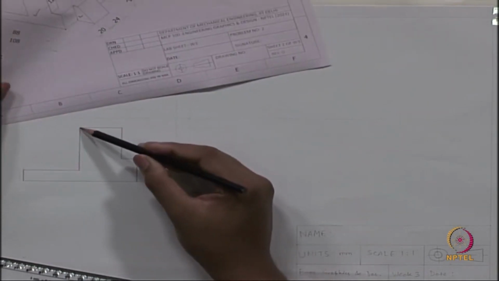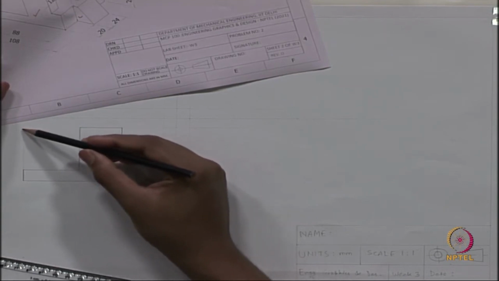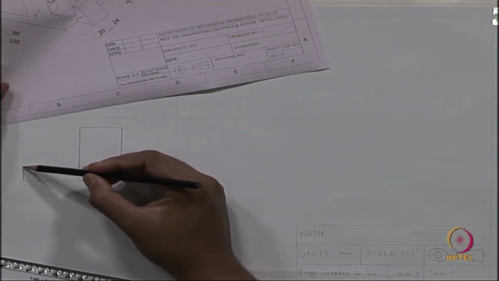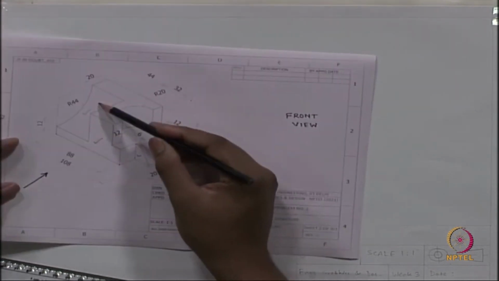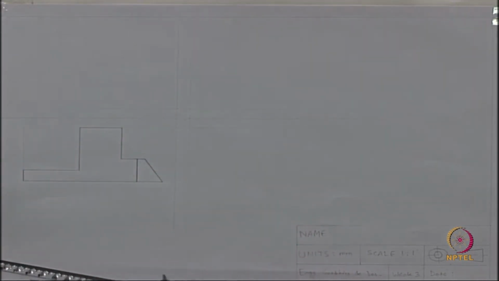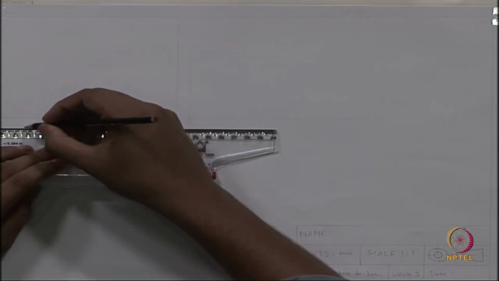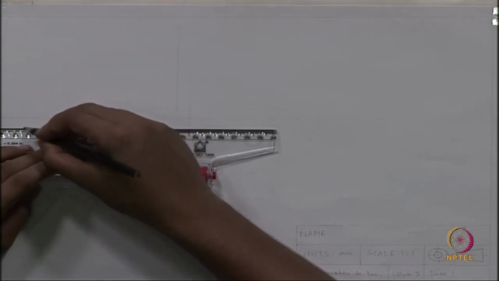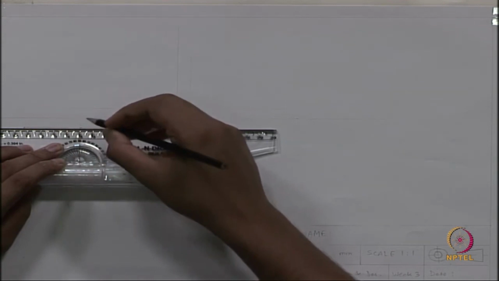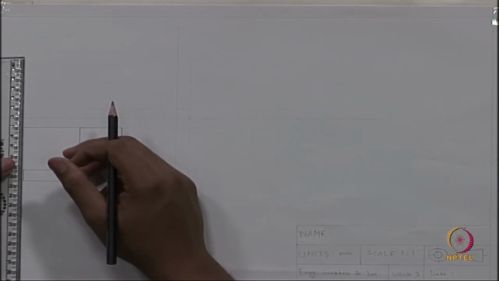So, I will start the drawing from here. From here 44 to the left side, 44 down, so that I will get the projection of this curved surface.